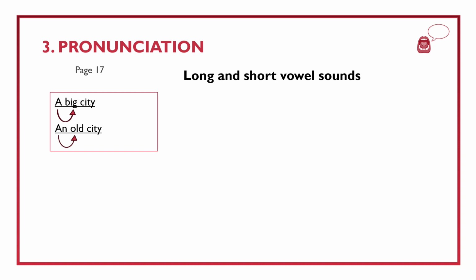So I say clock, clock. My mouth opens completely. But when I want to pronounce saw, my chin drops down and the sides of my mouth move in. They come closer to each other. So I say saw, saw. You need to practice this a few times to get better.